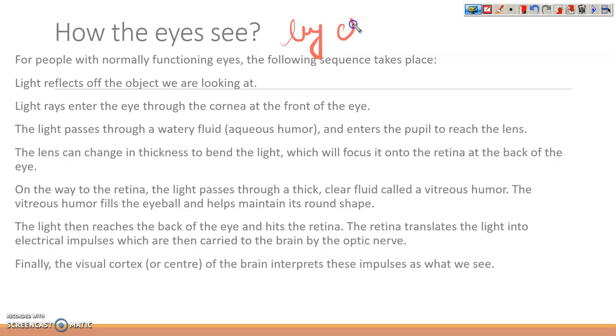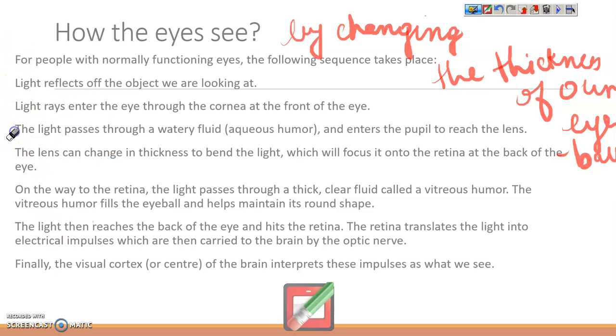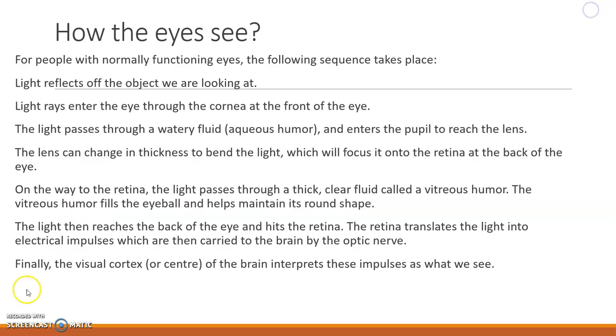By changing the thickness of our eye lens. It's a simple answer, and I have given this here for more information. Okay.